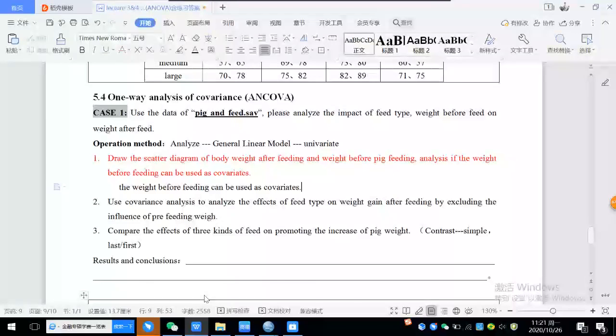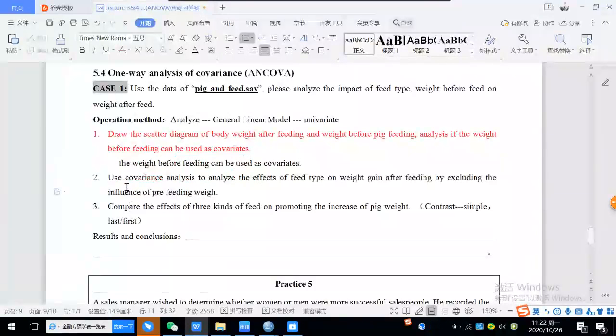After we answer the first question, next we will use the covariance analysis to analyze the effects of feed type on weight after feeding by excluding the influence of pre-feeding weight.